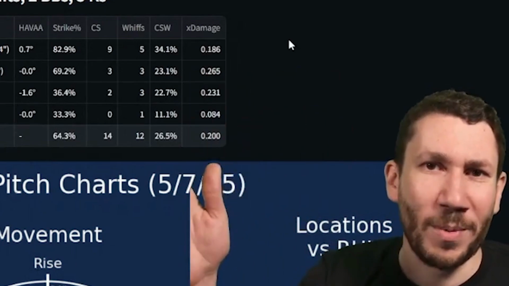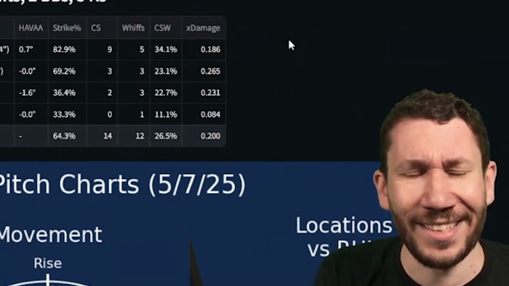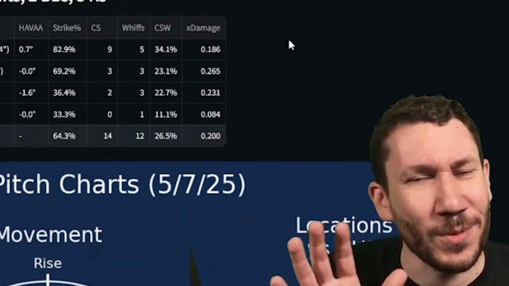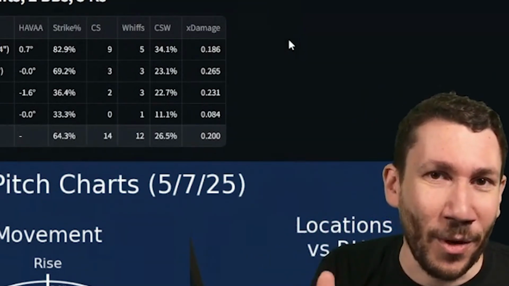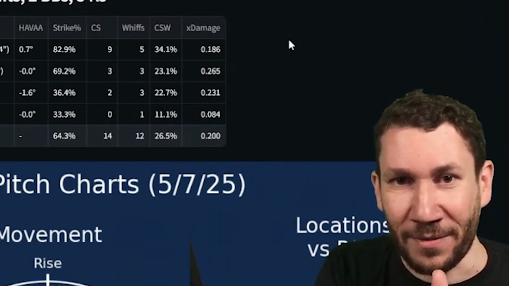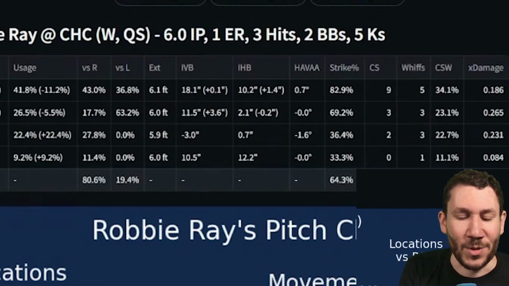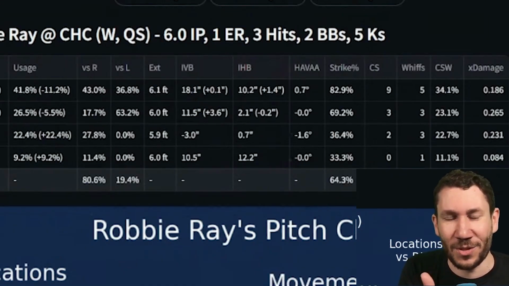Of it being a home run, it would be 4, and all this stuff. So that's xwOBAcon. We create our own version of it by adding spray angle. That is where it's going: left field, center field, right field. Is it down the line? Is it in the gap? That kind of thing. So we called it 3D xwOBAcon, but it's just too large for columns, so we just called it xDAMAGE.